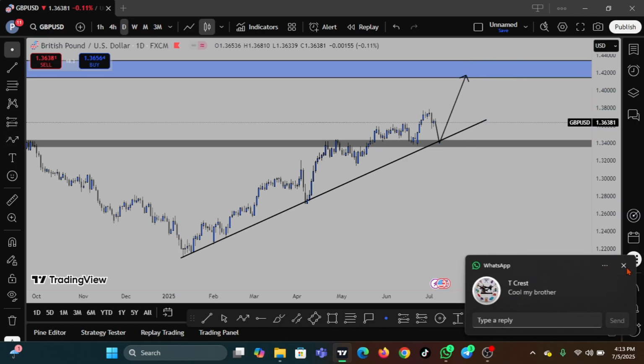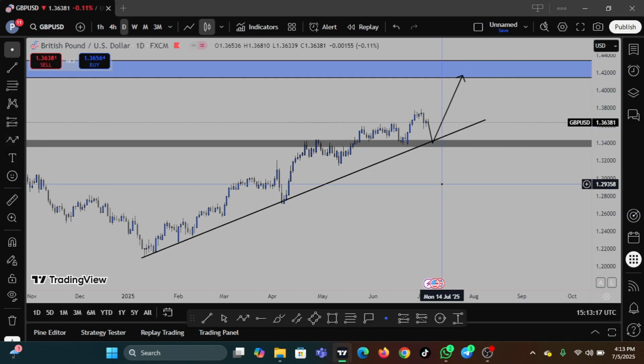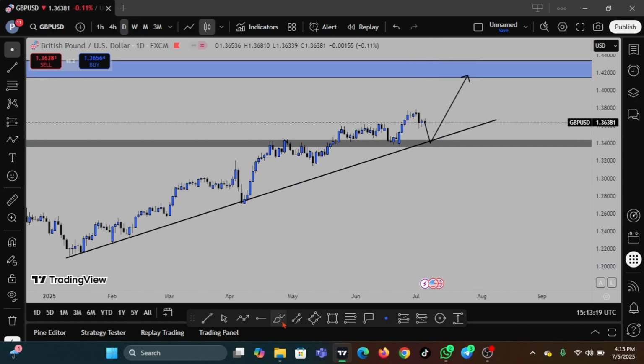If price should drop down and push upward, price can give us something we may call a double bottom, for those who trade chart patterns. So we can have what we expect to be a double bottom pattern for the continuation movement to the upside.